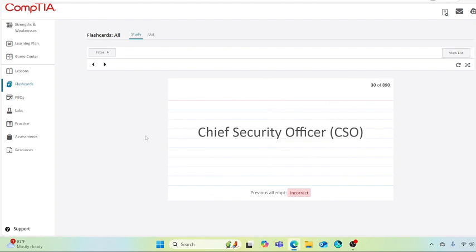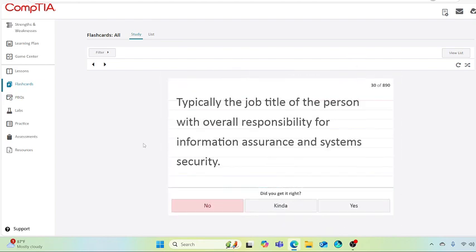Chief Security Officer. Typically the job title of the person with overall responsibility for information assurance and system security.